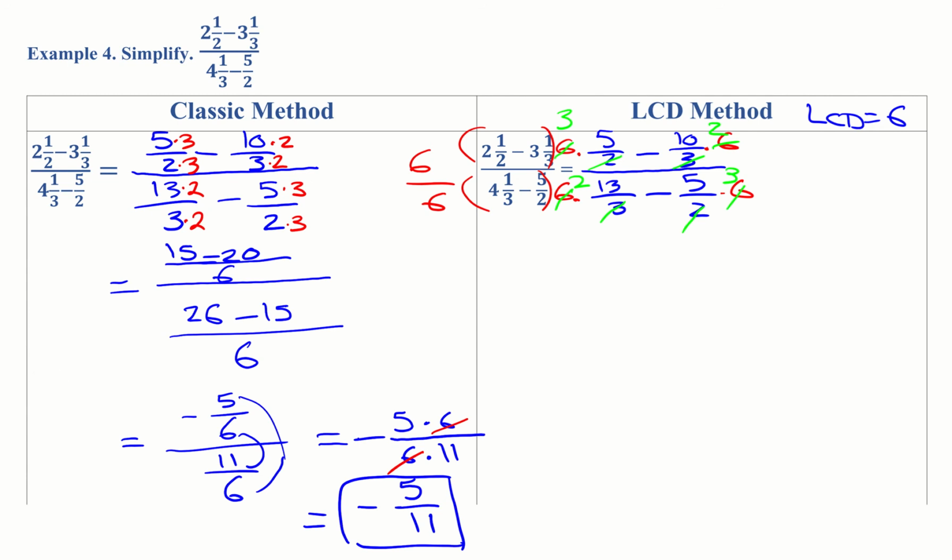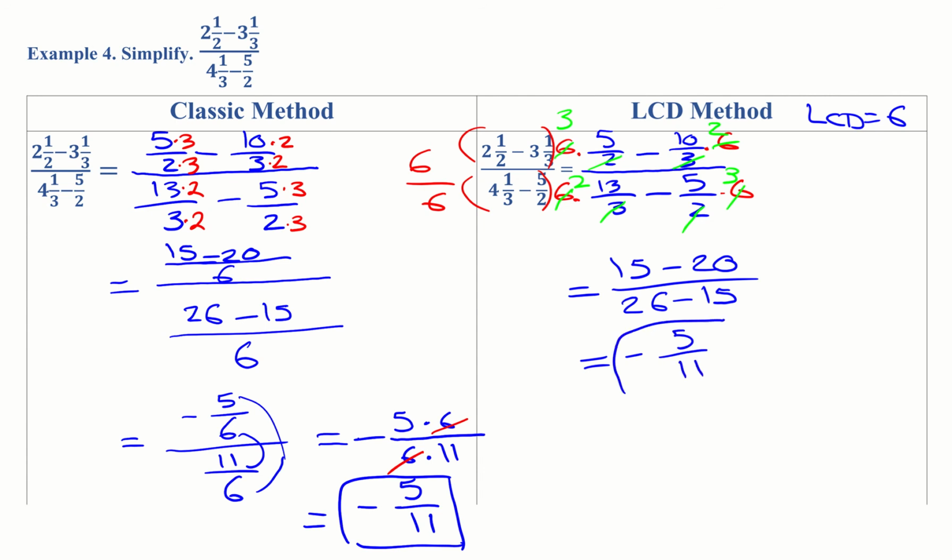So we end up with, all right, here we have to be very careful not to leave any terms behind or factors. 3 times 5, that's 15, minus 10 times 2, which is 20, over 2 times 13, which is 26, minus 5 times 3, which is 15.